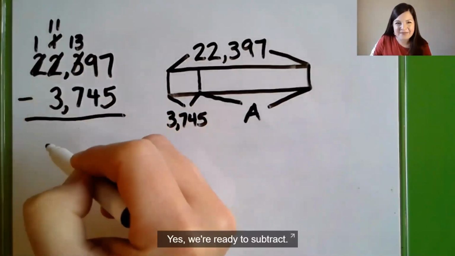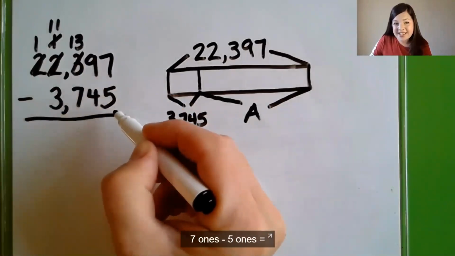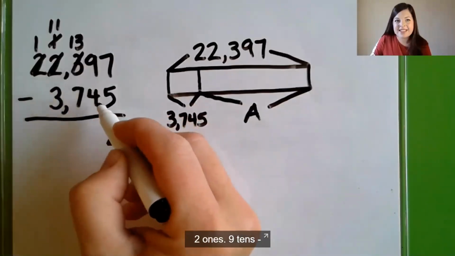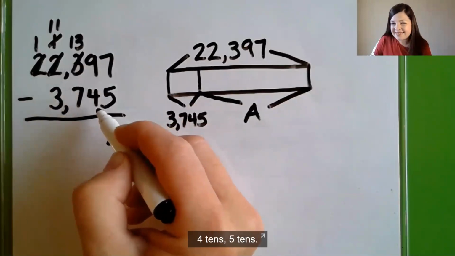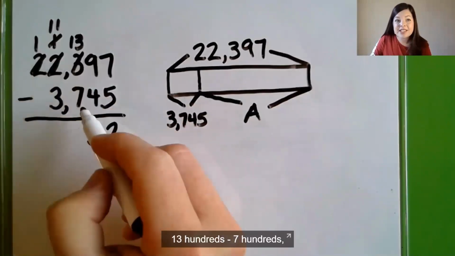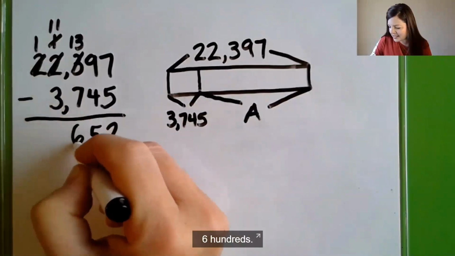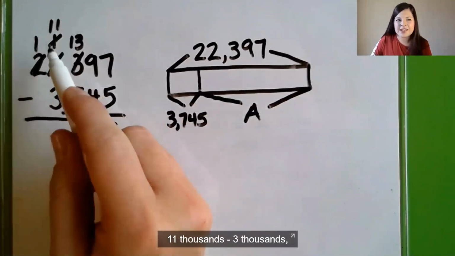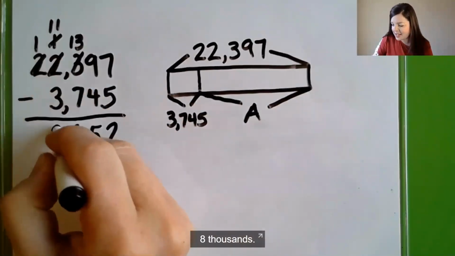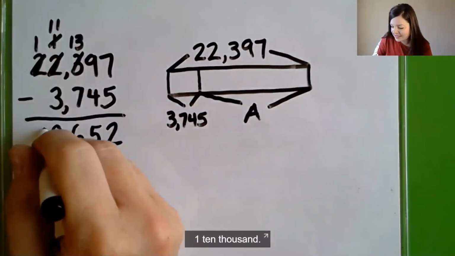Yes, we're ready to subtract. 7 ones minus 5 ones is 2 ones. 9 tens minus 4 tens, 5 tens. 13 hundreds minus 7 hundreds, 6 hundreds. 11 thousands minus 3 thousands, 8 thousands. 1 10,000 minus no 10,000s, 1 10,000.